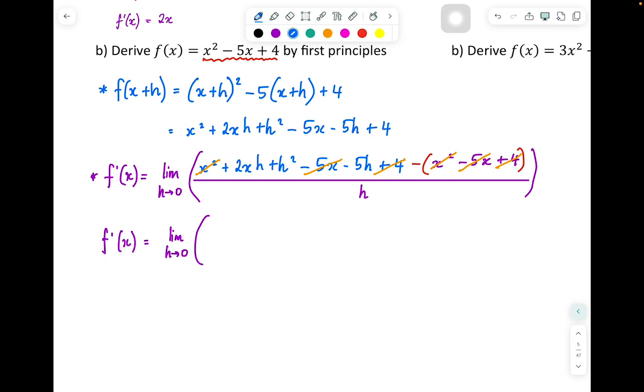We're going to divide each term by h as well, which cancels out with this denominator of h. We are going to apply the limit now.